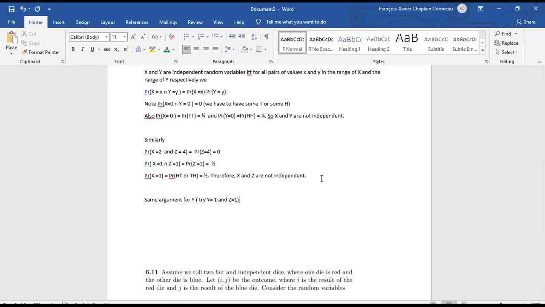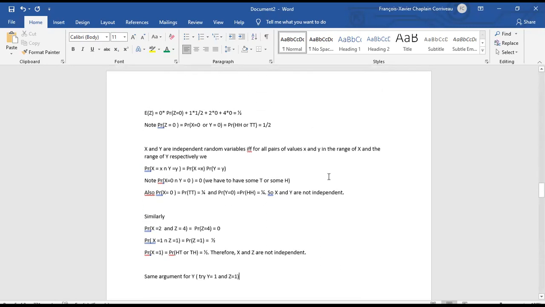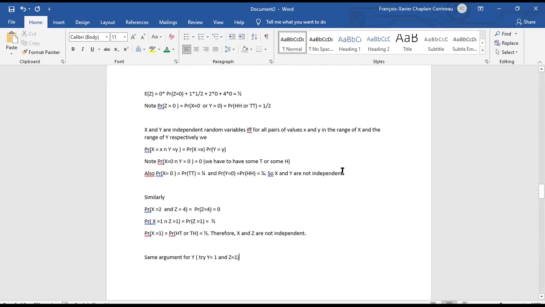So it's the exact same thing. So again, the point of looking at this question is that, in the exam, that's how I would write this.